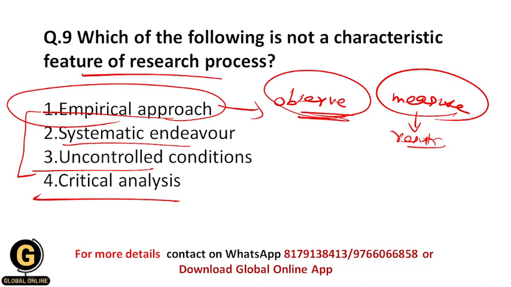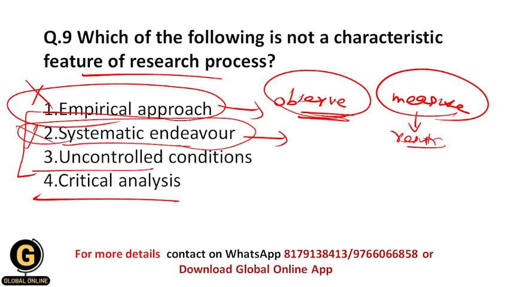This is one of the characteristics of the research process, so this option gets eliminated. Systematic endeavor means systematic process, and as we have seen earlier in this video, the research process is a systematic procedure in which we follow different steps sequentially, and as well it is a scientific method. So this is again a characteristic of the research process, so this gets eliminated.